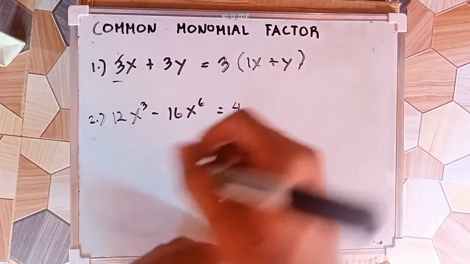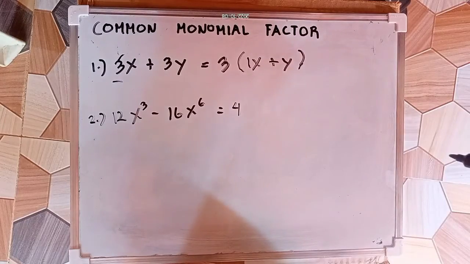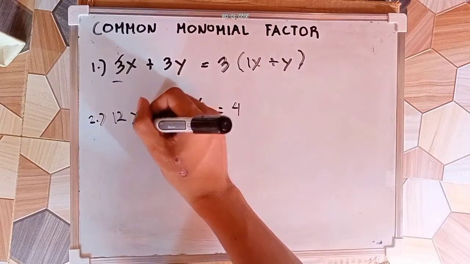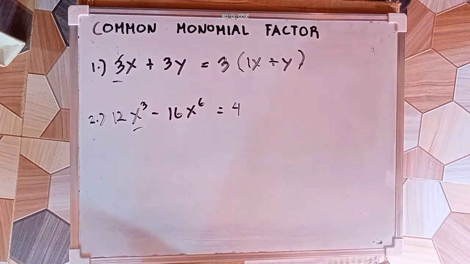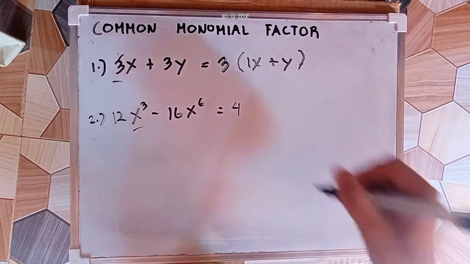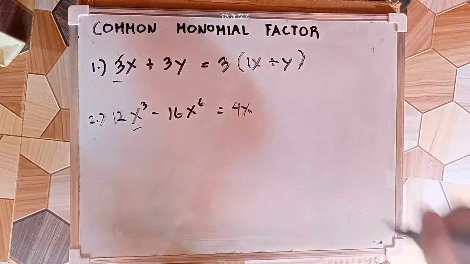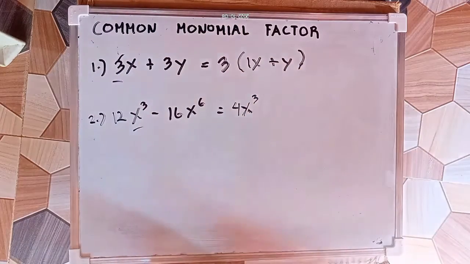In our problem number 2, the least exponent is x cubed, because our second term is x to the power of 6. So we write x cubed here because it has the lesser exponent.